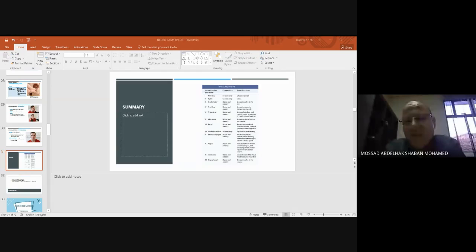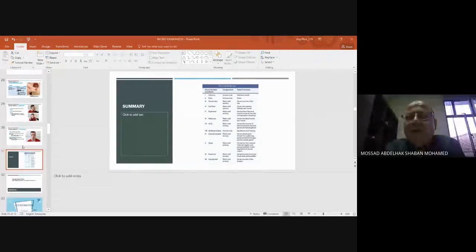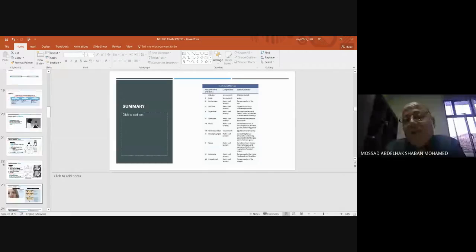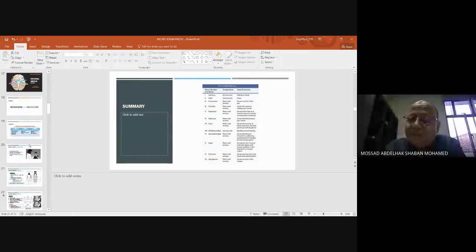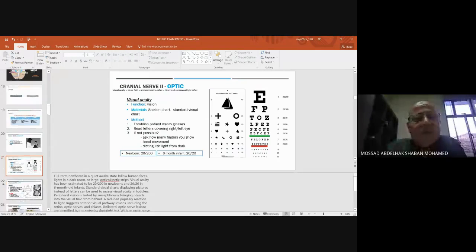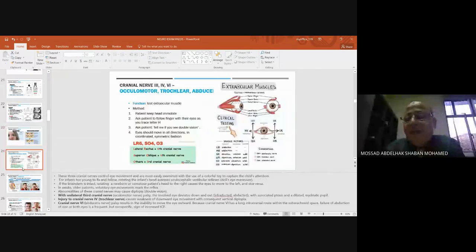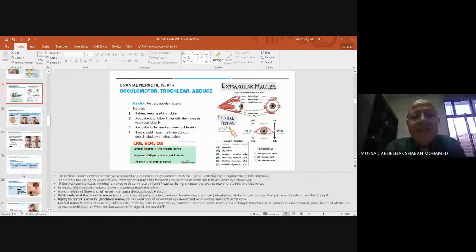I mean, we go for a general look, and then we go for the eye. The eye will inform me about the 2nd, 3rd, 4th, and 6th. So by concentrating on the eye, is there any abnormality? Is there any nystagmus? Is there any squint? Is there any other finding?